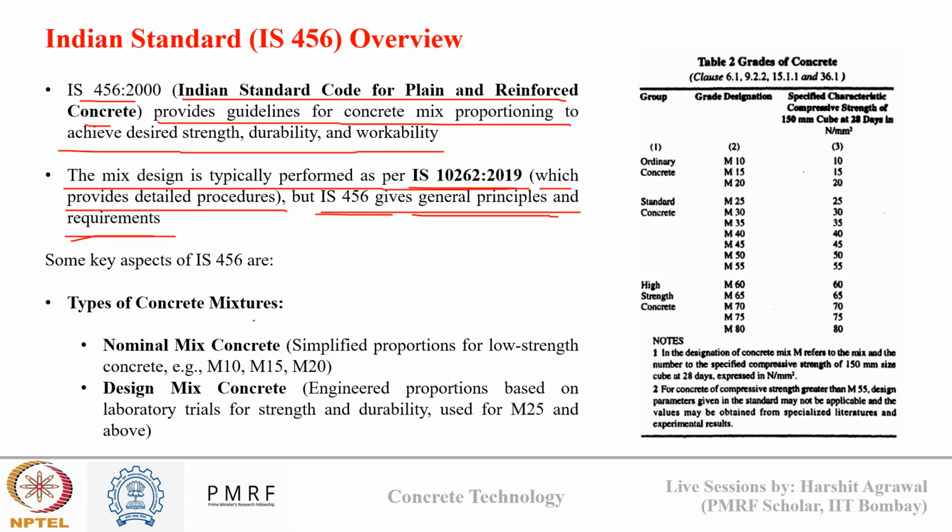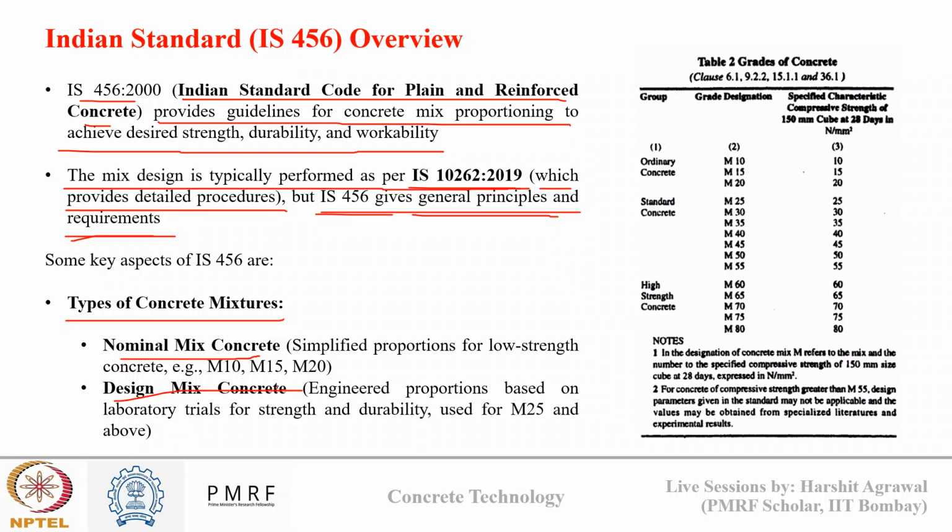Okay. There are several key points in IS 456 that are related to mixture design. First, we have the type of concrete mixture. As per Indian standard, concrete mixture is broadly classified into two types: nominal concrete mix and design mix concrete.